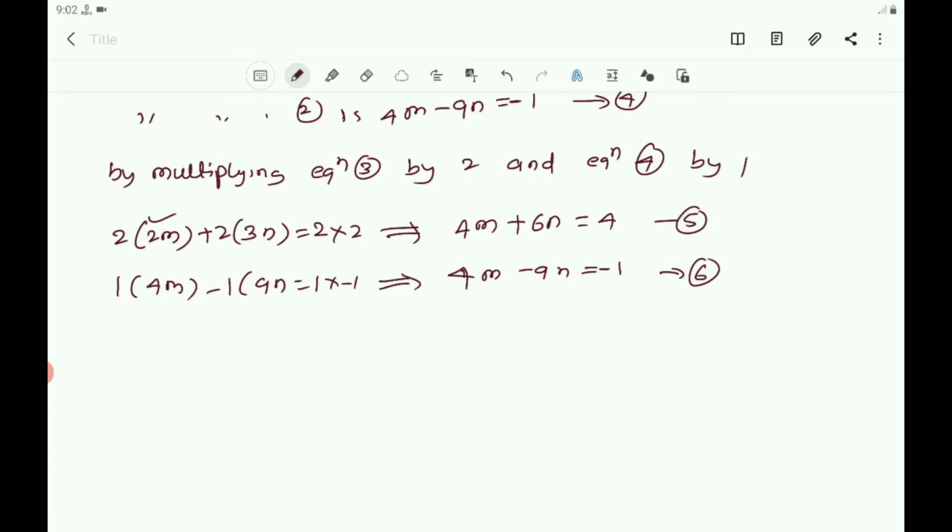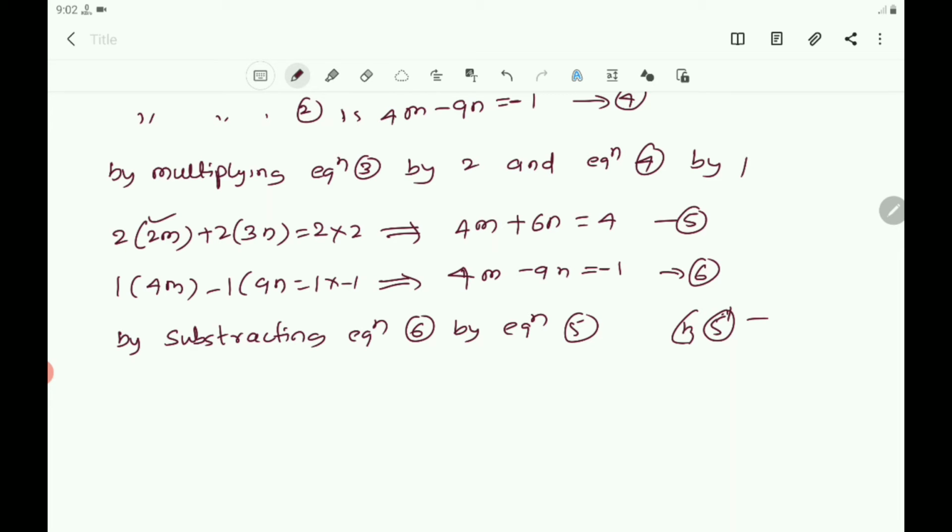So you subtract the sixth equation from the fifth equation, that is fifth minus sixth.